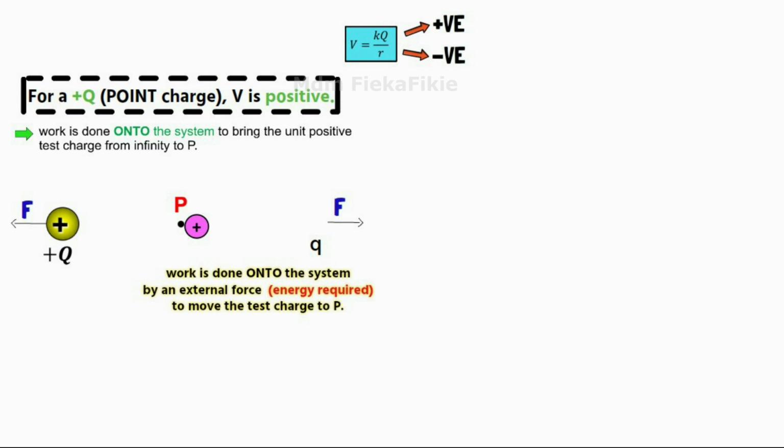Sebab kita ada electrostatic force which is to the right, but we try to move that test charge to point P, means that we need an external force and work must be done onto the system in order to bring that test charge to point P.